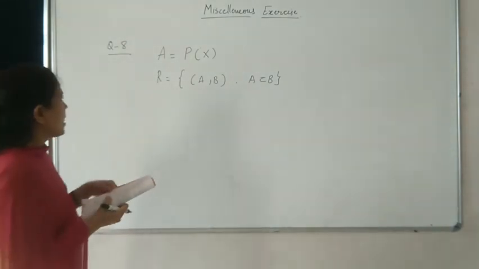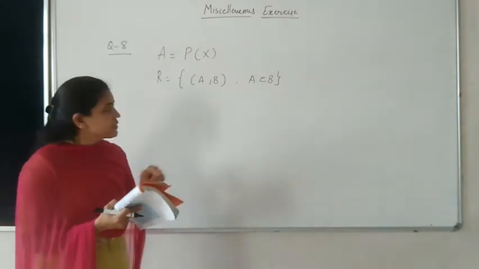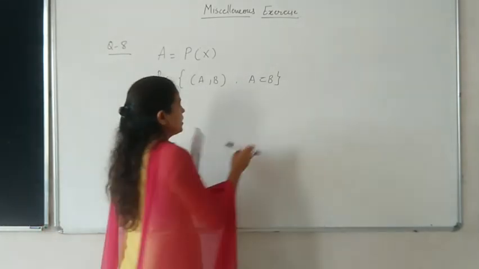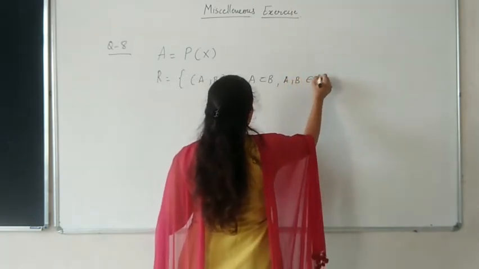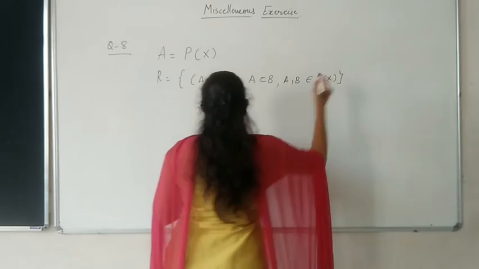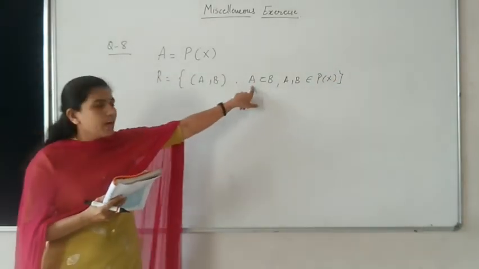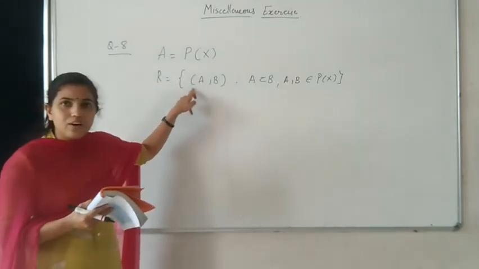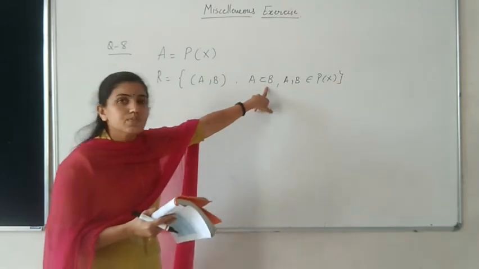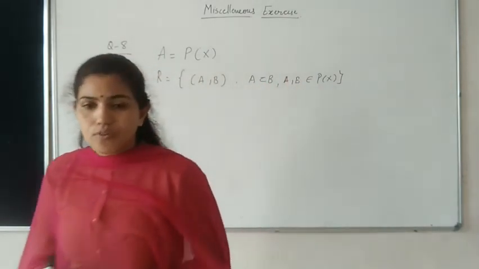Define the relation R in the power set of X as follows: for subsets A and B in the power set of X, A is related to B if and only if A is a subset of B. That means all the elements are of type (A, B), where A is a subset of B, and set A and set B belong to the power set of X.